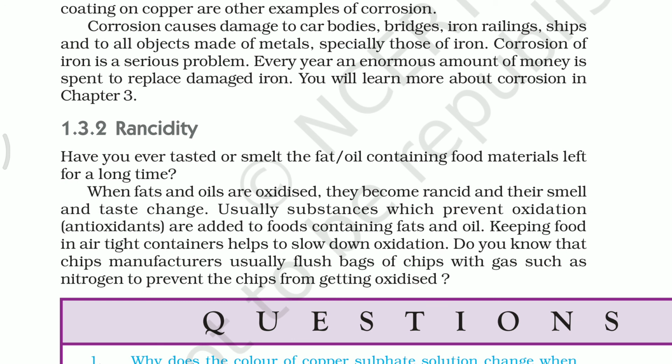The oil or fat containing substances simply react with oxygen and become rancid, so a foul smell comes from those food substances. To avoid this, we add antioxidants to the food substances. This process is called rancidity. Rancidity is also due to oxidation.